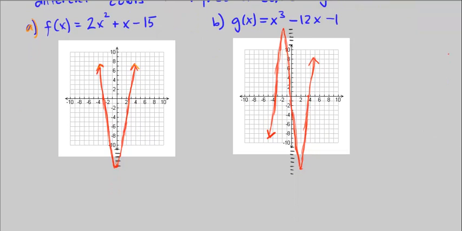Concavity: we know that it's concave up everywhere, so from negative infinity to positive infinity. All right. What else do we know?